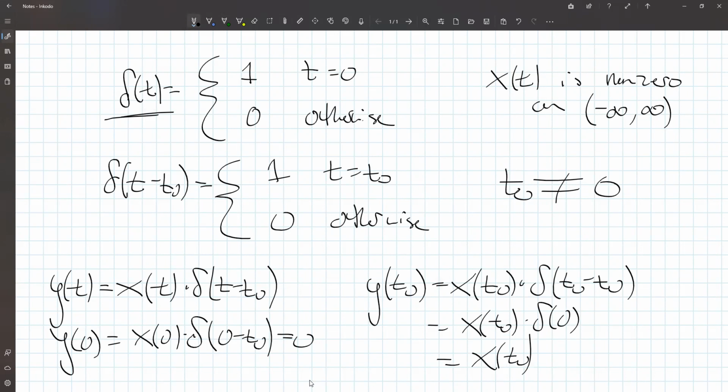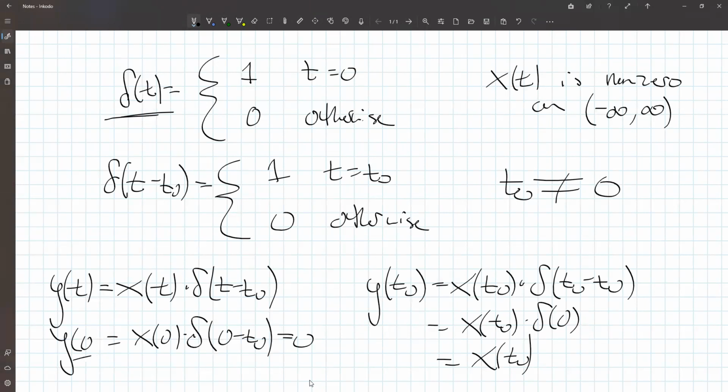And that's the sifting property, isn't it? That was covered in, I can't remember if it was week 1 or week 2. Let me make sure that I'm calling that one correctly, because it's been a while since I looked at the book. Excuse me, that's the sampling property. The sifting property has to do with convolution. So this is the sampling property.